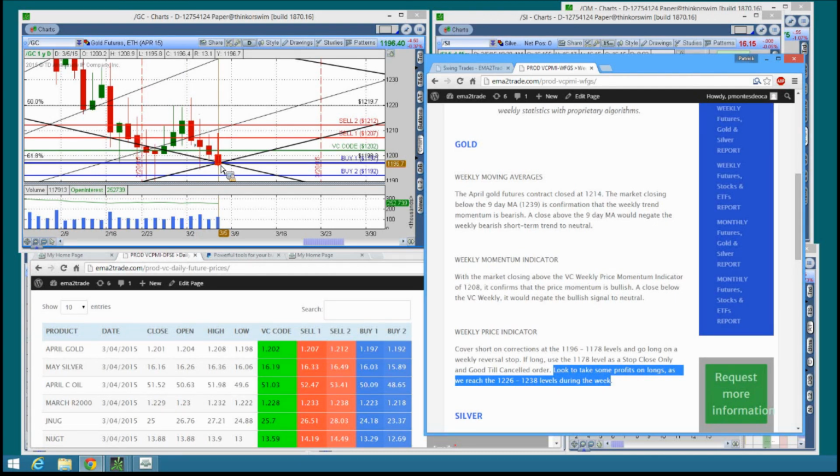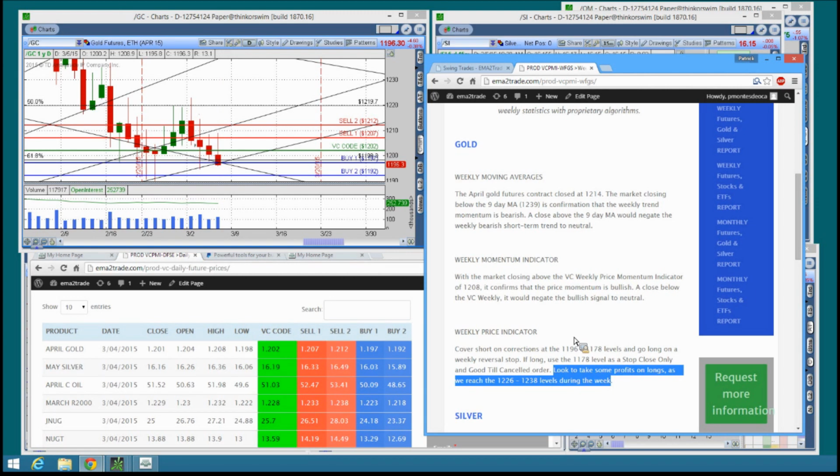1197 was the B1 level. The low was 1195.80. So you're coinciding the daily algorithms here in the gold market with the weekly algorithms, and that is a very, very strong signal.